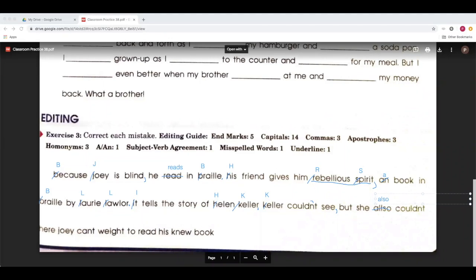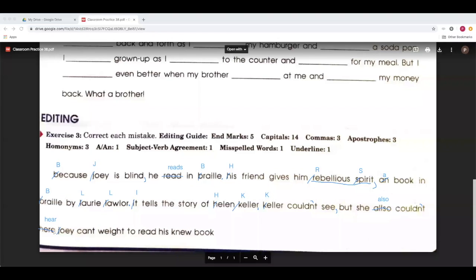Couldn't hear. Couldn't, of course, is a contraction, so it needs an apostrophe. Also couldn't hear, this is the wrong here. So let's make it the right here, G-A-R. But she also couldn't hear, period.